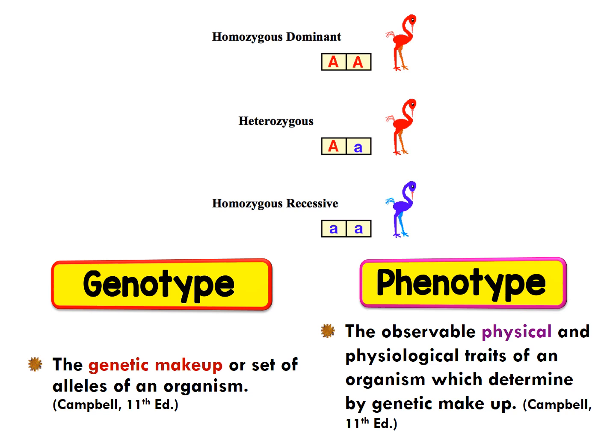For homozygous dominant and heterozygous, both birds have the red phenotype. Meanwhile, for homozygous recessive, the bird has a blue color phenotype.